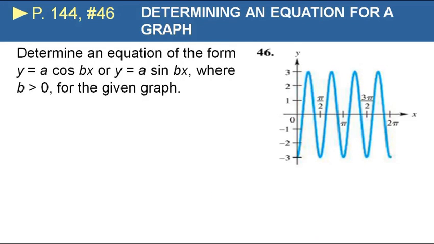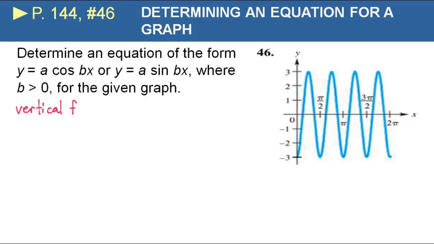Let's do one more together. This one says determine an equation of the form a cosine bx or a sine bx, where b is positive. So it looks like our graph is low, middle, high, middle, low. So I'm going to say that this is a cosine graph that's been turned upside down.